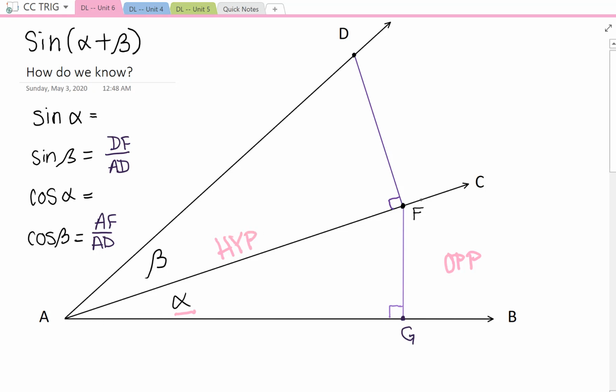The hypotenuse is AF, and your adjacent side is AG. So: AG, FG, and AF.